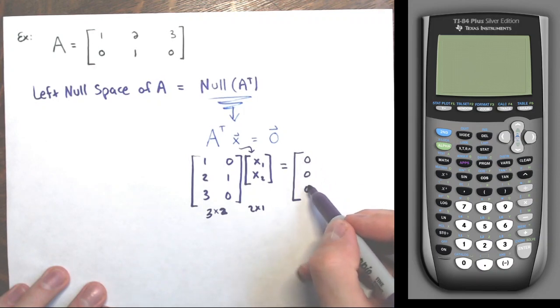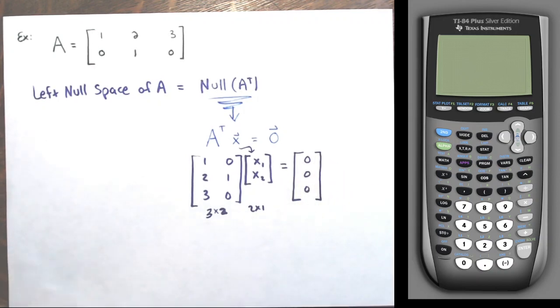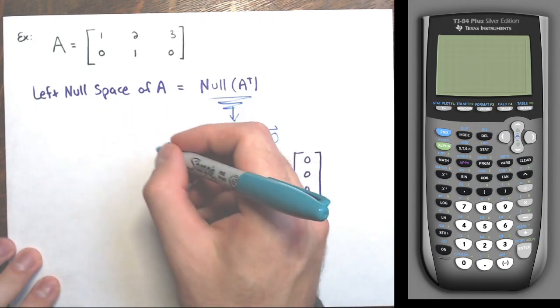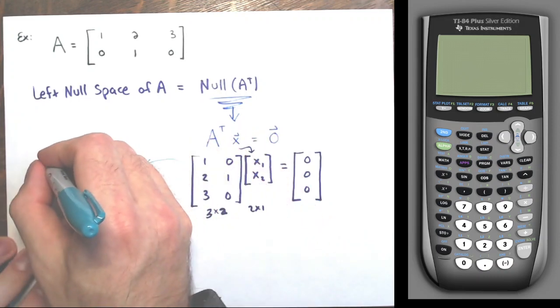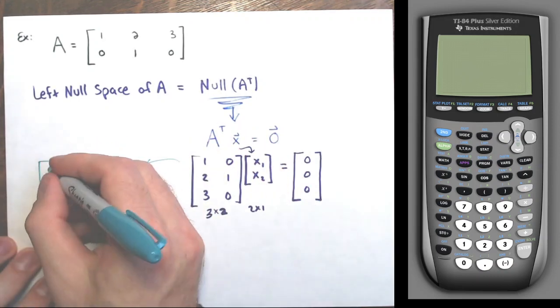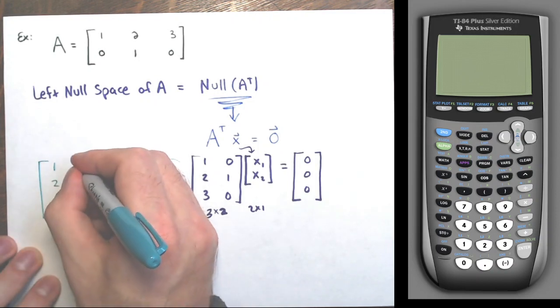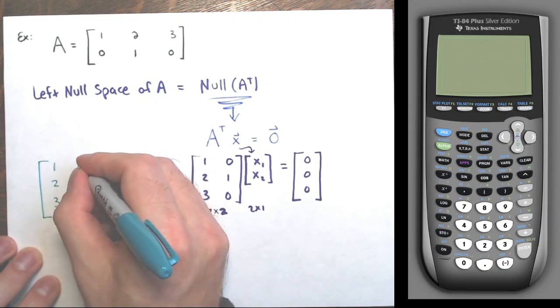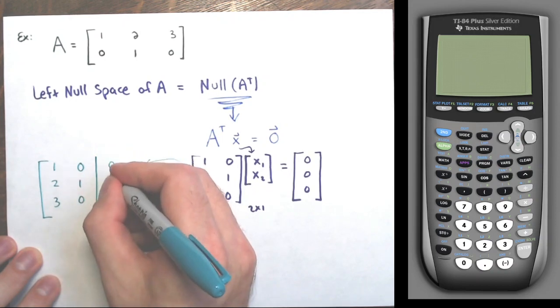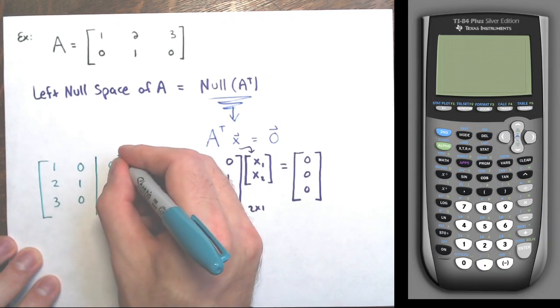The 0 matrix. All right, so as before, you could set up a system of equations here and whatnot, but this has the corresponding augmented matrix: coefficients of x1 down the first column, 1, 2, 3, coefficients of x2, 0, 1, 0 down the second column, little bar here, and 0, 0, 0 on the other side.